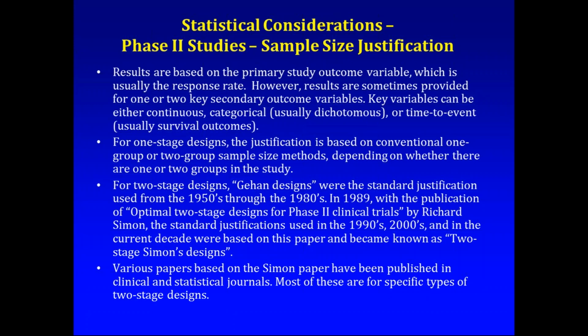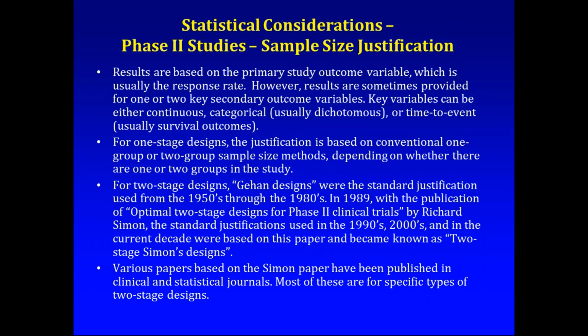For two-stage designs, this is a method that I referred to that I said goes way back. In, say, the 50s and 60s up through the 80s, Geehan designs were the standard justification used. And I referenced that on my last slide. That was a paper published in 1961.